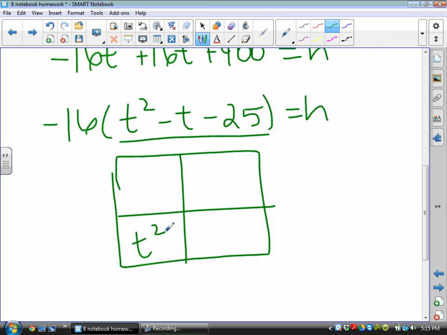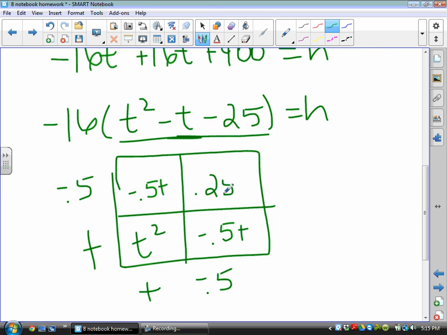I split up the middle term, this negative 1t, into negative 0.5t, negative 0.5t, and I do my outsides of the box. Alright, so the top corner, if I multiply negative 1/2 times negative 1/2, should give me positive 1/4, or 0.25. Now in my parentheses I have negative 0.25.